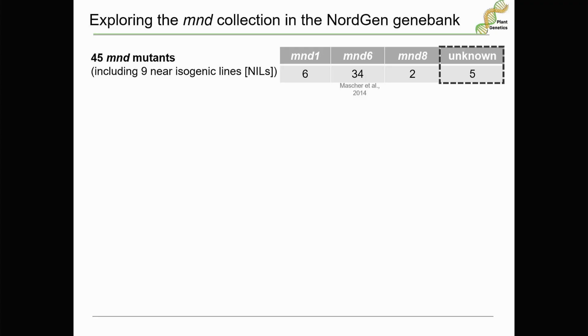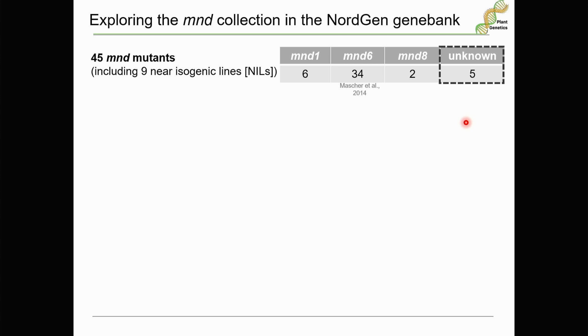Now, we found MND1, we know MND6 and MND8, but can we maybe find more genes that are important for shoot architecture? So I was mining the MND collection at the Nordic Genetic Resource Center, and we resequenced the 3 known genes, to make sure we are not working on allelic lines. Most of the mutants had mutations in the MND6 gene.